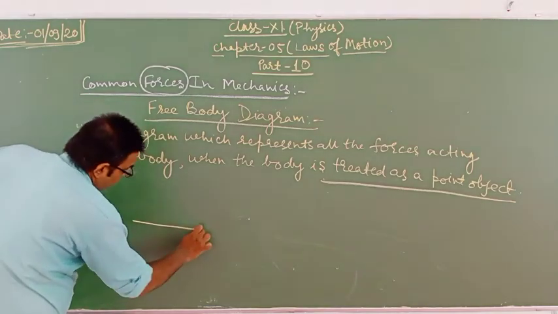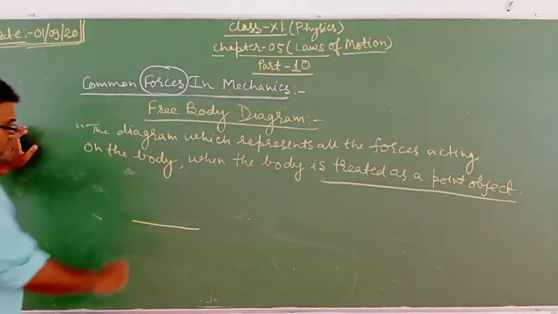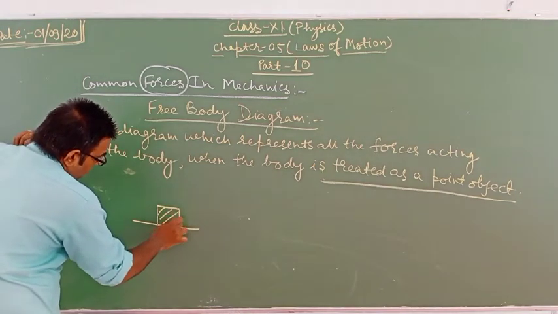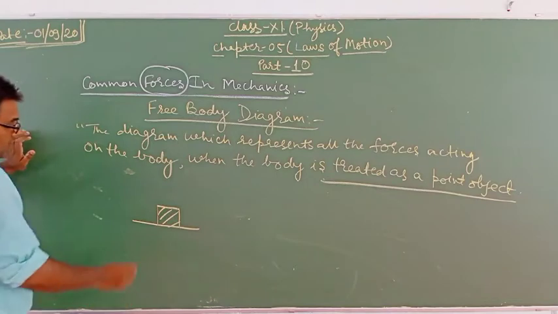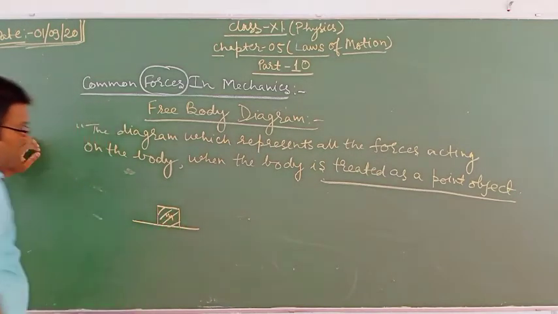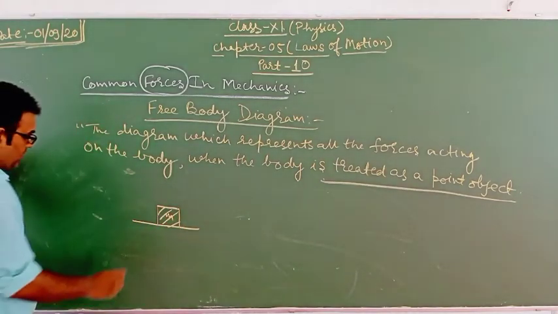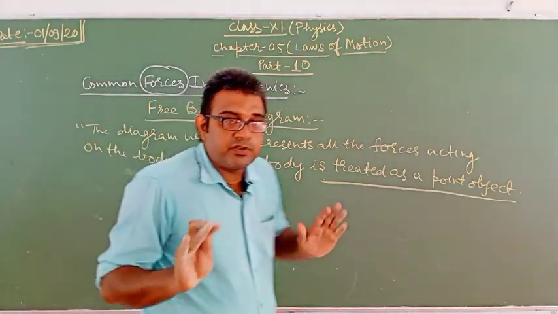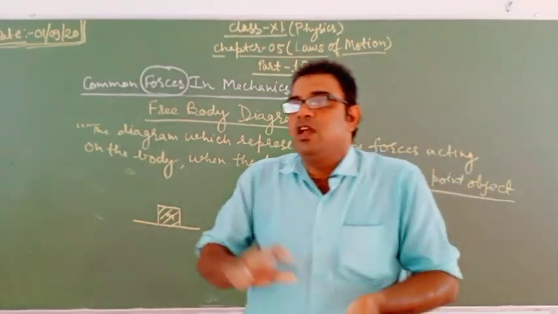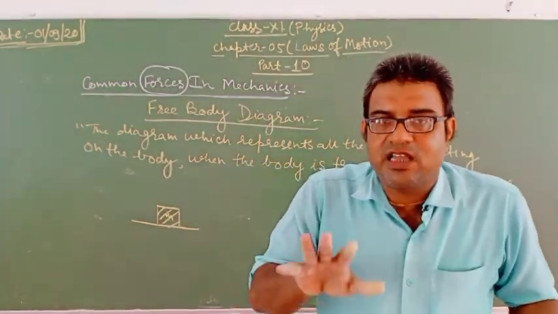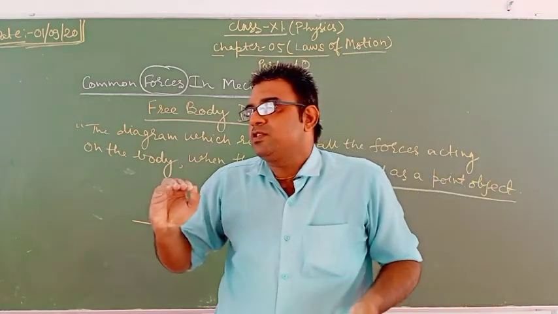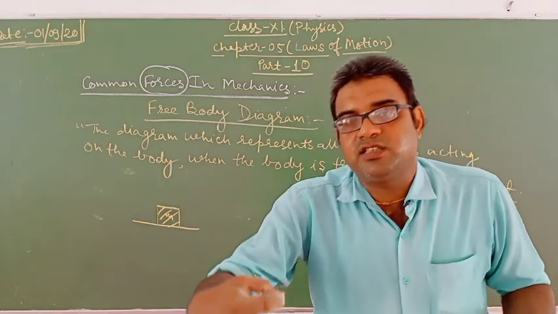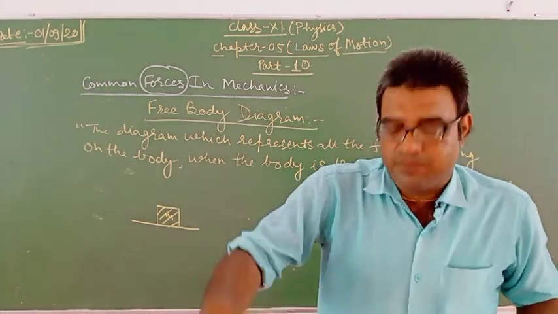Suppose we have taken this horizontal surface, and on this horizontal surface we have taken a block of mass m. We will discuss a force that is called frictional force, which you had studied in class 9th also. That frictional force acts opposite to the direction of the motion of the object, which opposes the motion of the object.